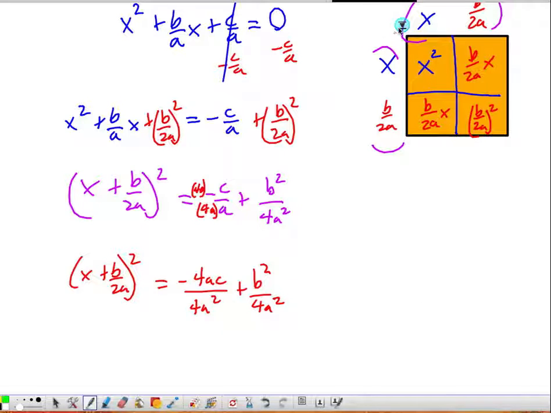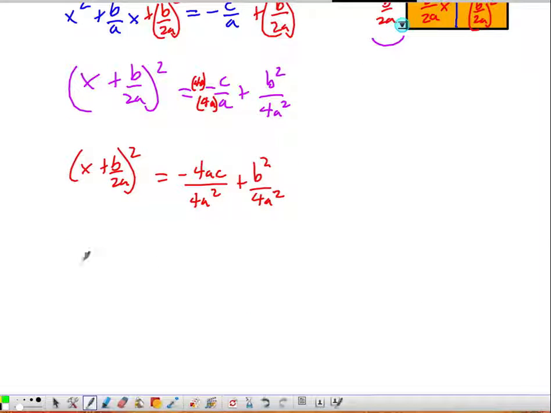That means that I can combine the numerators. Now, this is just a preference. I want to put b squared first and then minus 4ac. And then, since the denominators are the same, I can just write it once. Alright, that's what we have so far.